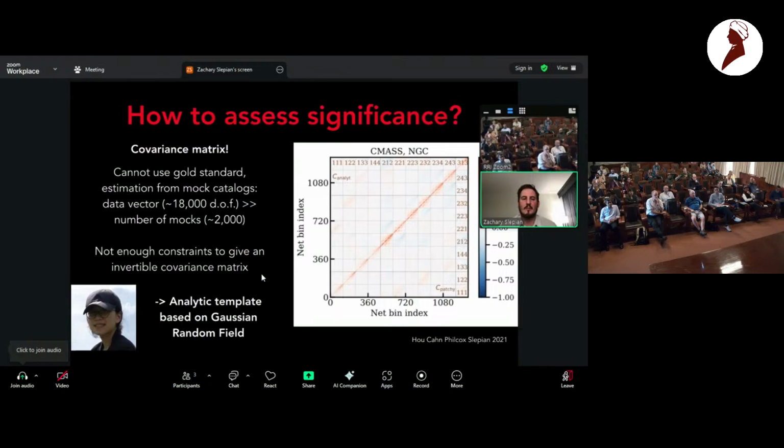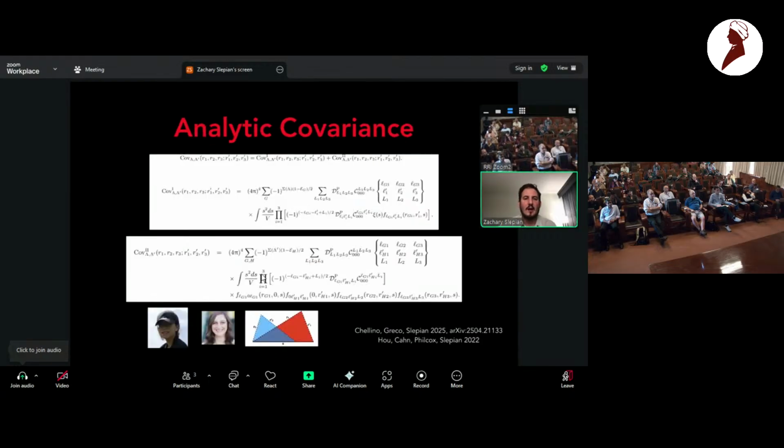So this was a major push led by my postdoc, who's now a faculty in Germany, Jamin, who's pictured here. Here I'm just going to flash this slide. Those who are really aficionados will recognize 9J symbols. There's a lot of angular momentum math that goes into computing this covariance in the isotropic basis, and some of my grad students shown at the bottom have dug into that a bit more.